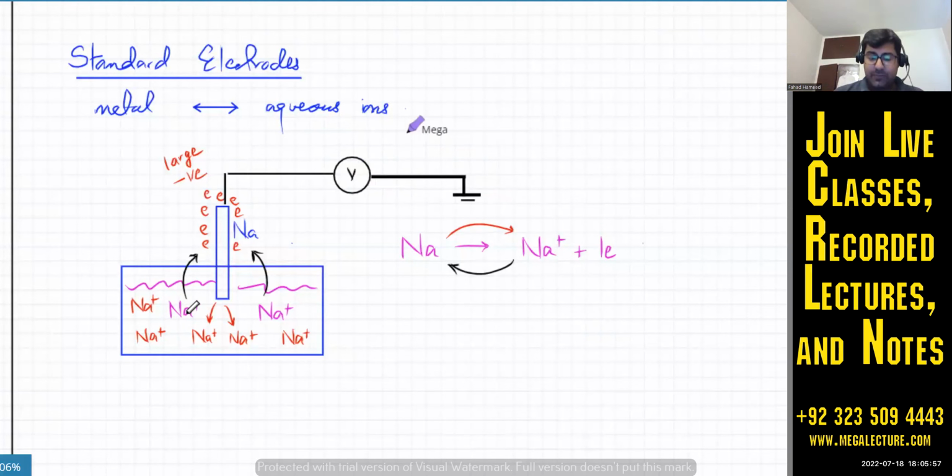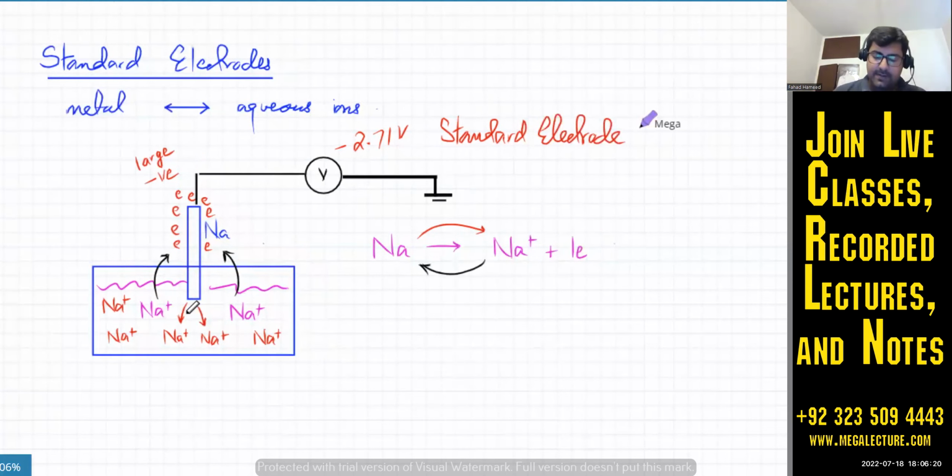The potential that's built up would be a negative potential. In this case, it's minus 2.71 volts. That's known as the standard electrode potential. So it's the potential that is built up on the electrode.